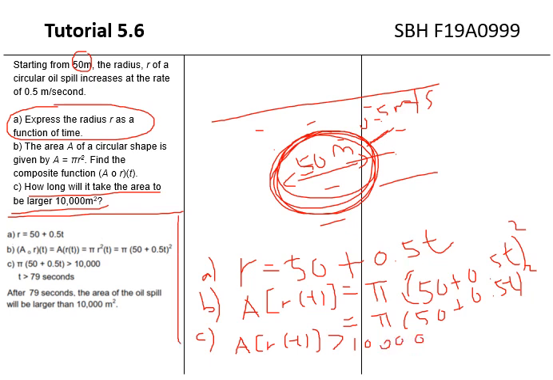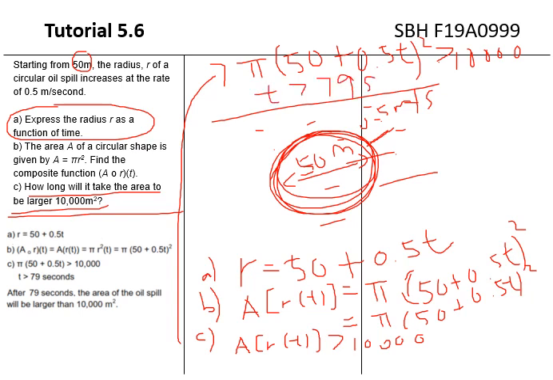So A(r(t)), using the function, is pi times (50 plus 0.5t) squared, greater than 10,000. Later on you expand it and solve it, and you get that t is greater than 39 seconds. This means that after 39 seconds and above, the area is as big as 10,000 or above.